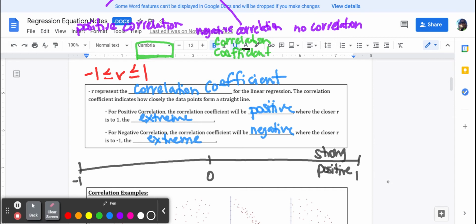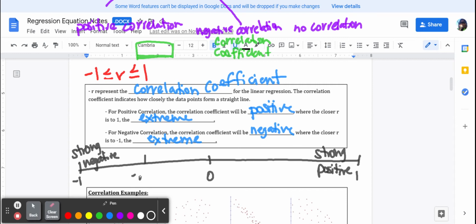Because I'm closer to 1. Same thing at -1, this is going to be a strong negative correlation. So if we think about kamikaze pilots, they are extremists, but they believe so strongly in their cause that they are willing to kill themselves in the act. So if I am on either extreme, that means I have a strong correlation. It just depends on whether you're on the positive or the negative side.